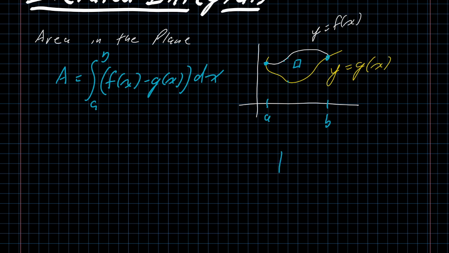Well, any one small rectangle is going to have a length, and if it's small enough, we can call that length dx, and it's going to have a width, and if it's small enough, we can call that width dy. And so, in a multivariate calculus sort of way, we can find the area of this little bit.